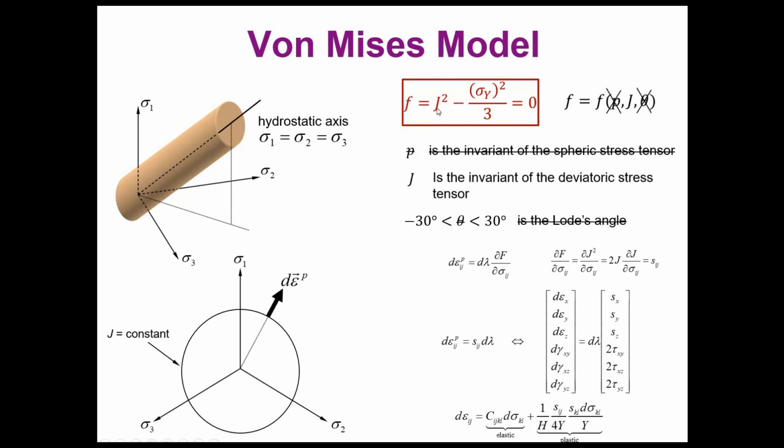This definition is based on the second invariant of the deviatoric stress. This is the reason why I have included the explanation of these invariants before. And this is the yield strength. So this is the definition of the surface that gives us this cylinder in this space.